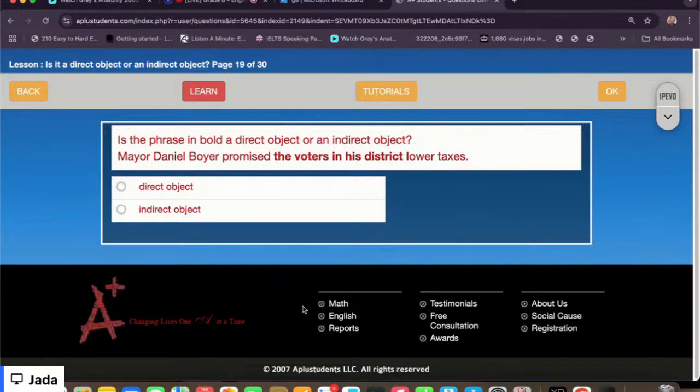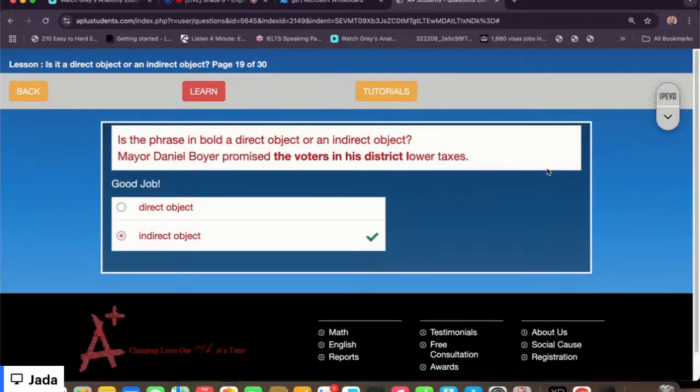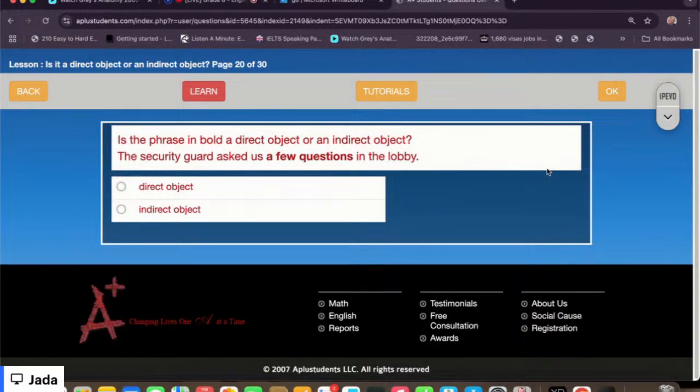Mayor Daniel Boyer promised the voters in his district lower taxes. What do you think? So indirect object.